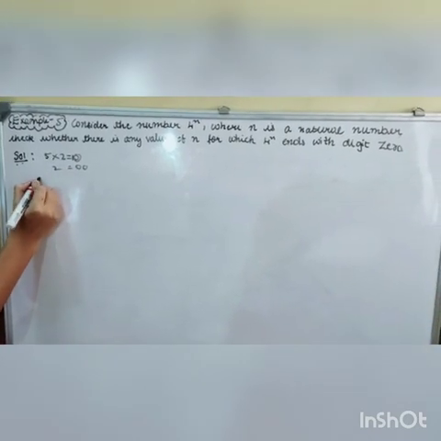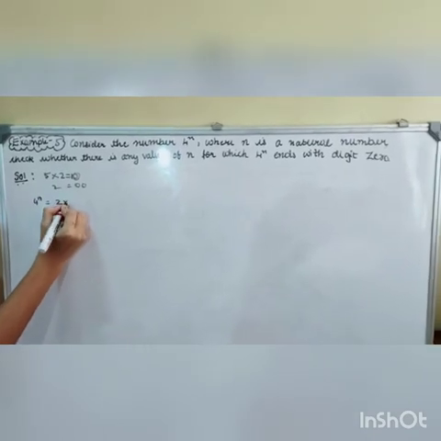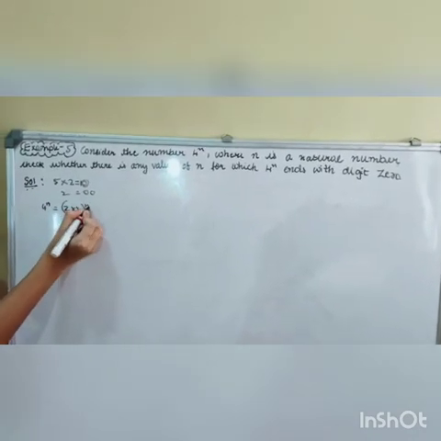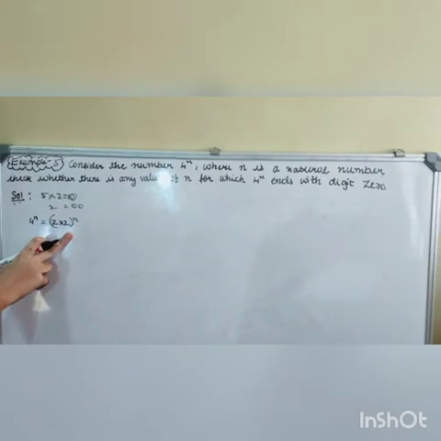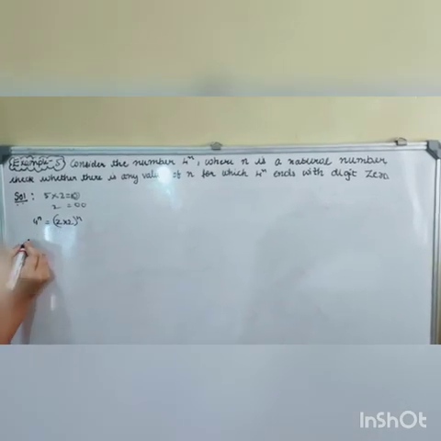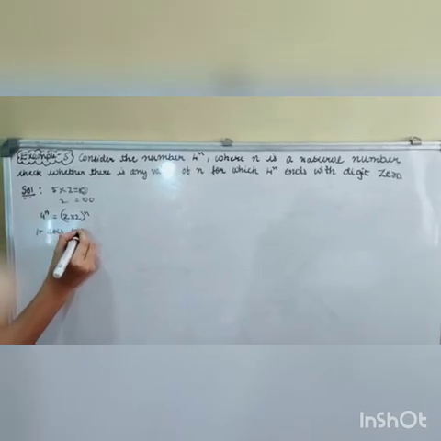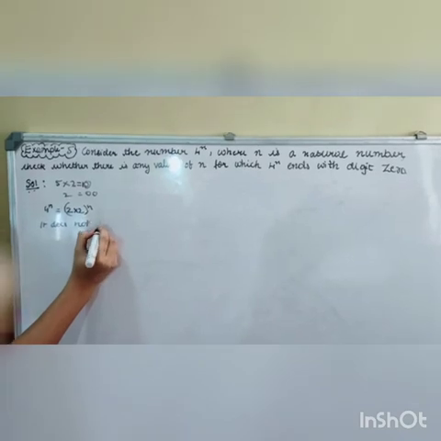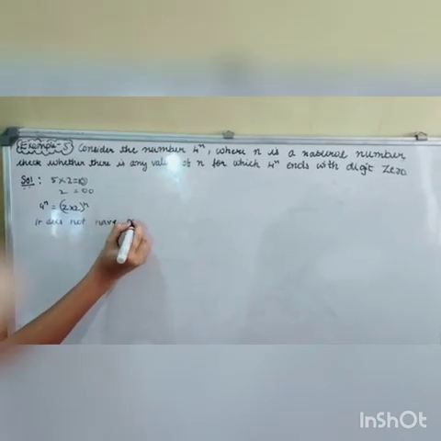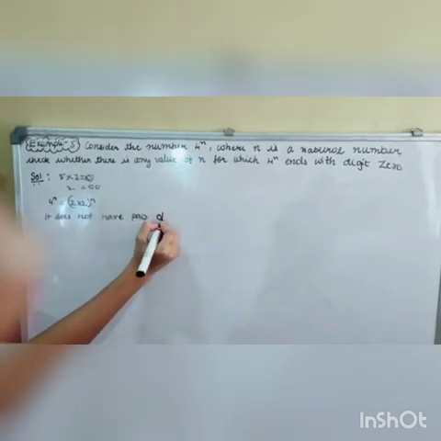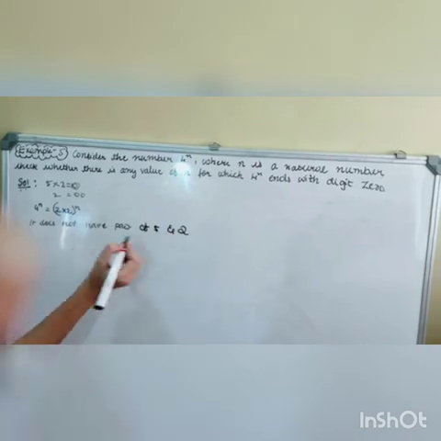So 4^n is equal to 2 into 2, the whole to the power n. Now here you can see only 2 is there, but 5 is missing. So we can say that it does not have a pair of 5 and 2.